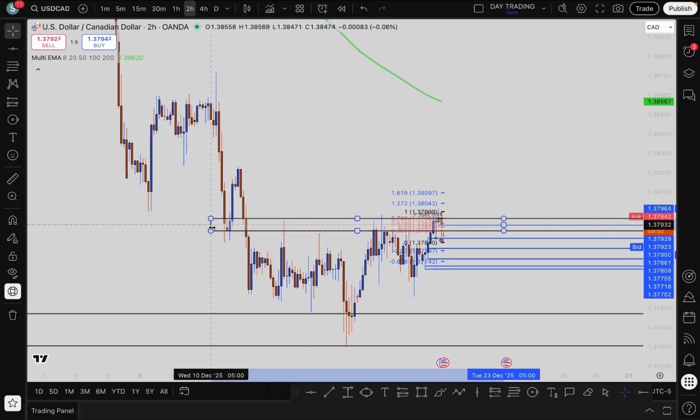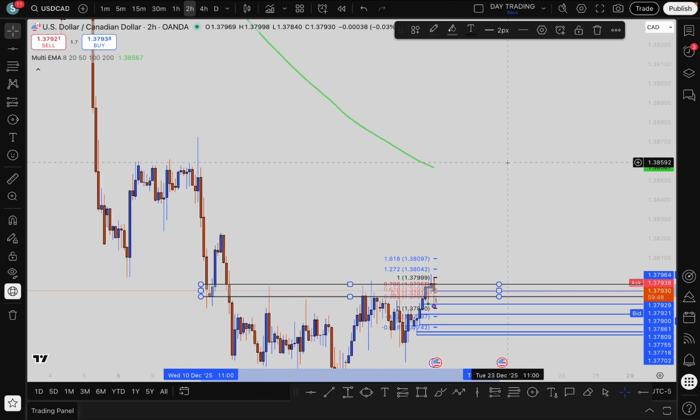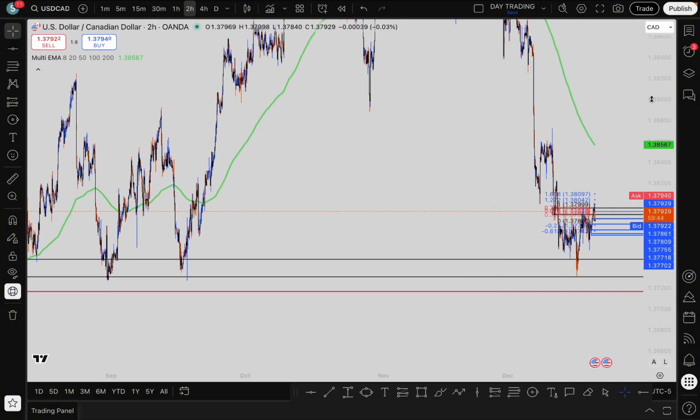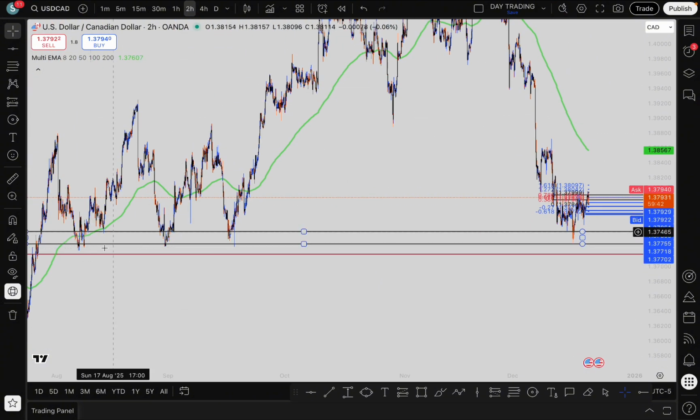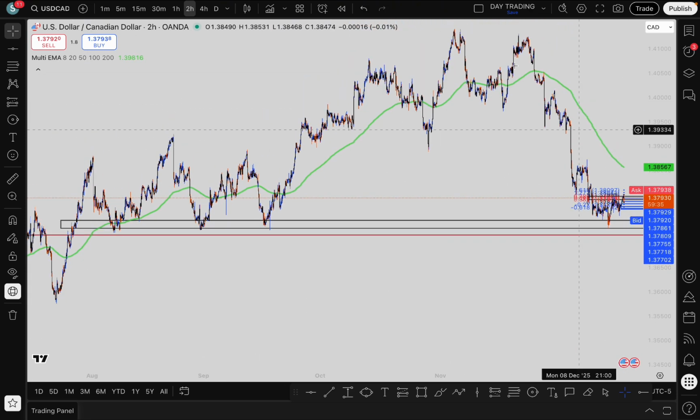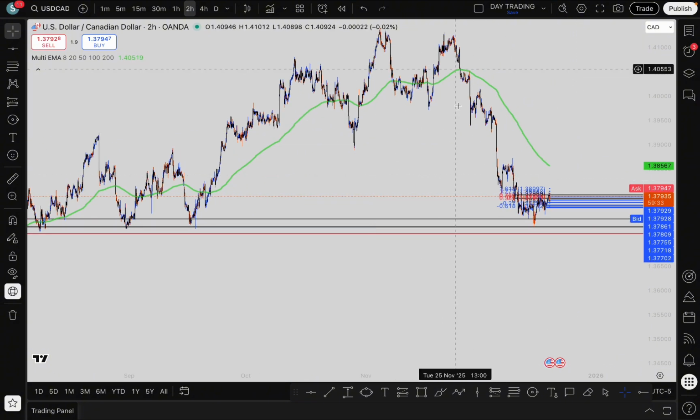On the 2-hour time frame, if we scroll a little bit out, we have support. So there's money down here, there's stop losses down here, and right now we're currently in a bearish run.